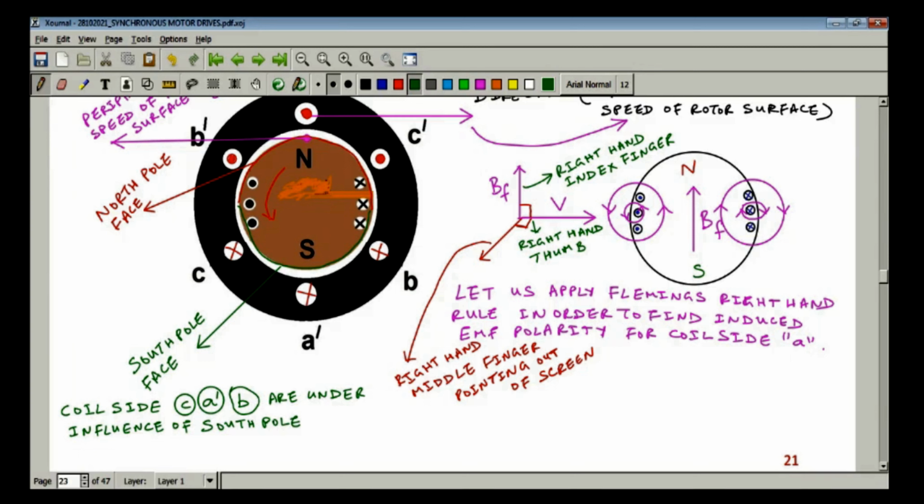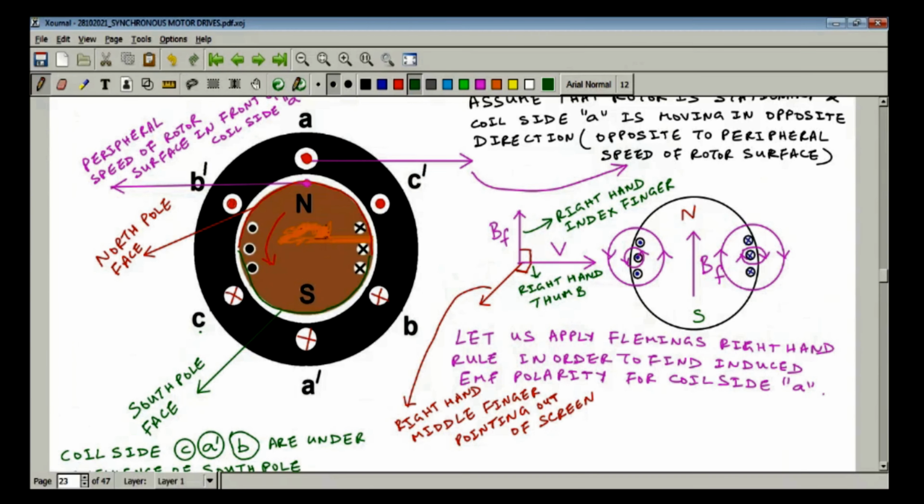Likewise, you can see coil side B dash, A and C dash, they are under the influence of North Pole.